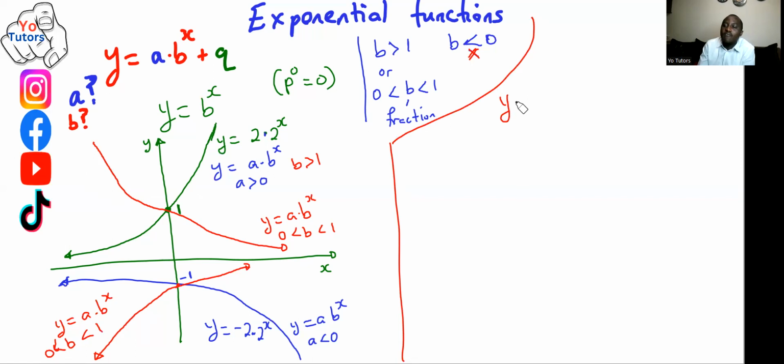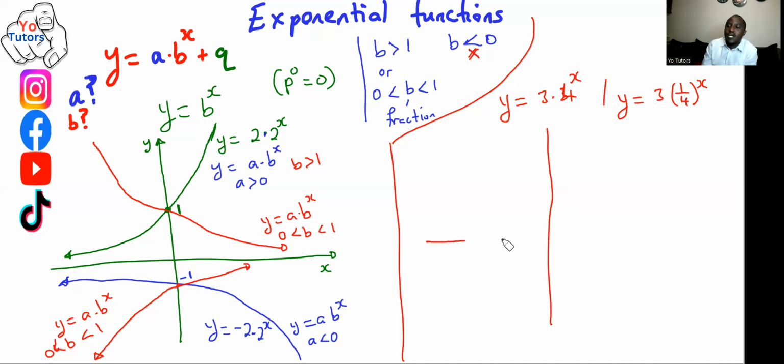Let's draw a graph of y equals 3 times 4 to the power of x. Or let's say we have another one, y equals 3 again, but in this case 1 over 4 to the power of x, like that. So let's try to draw them and see what we are talking about here.